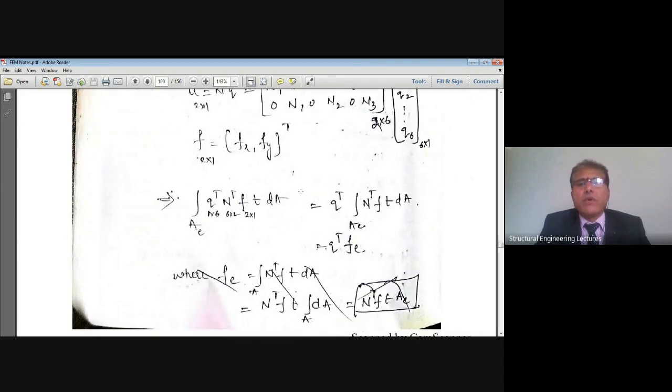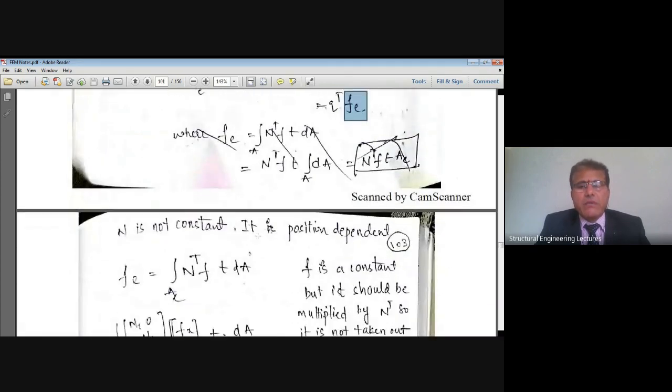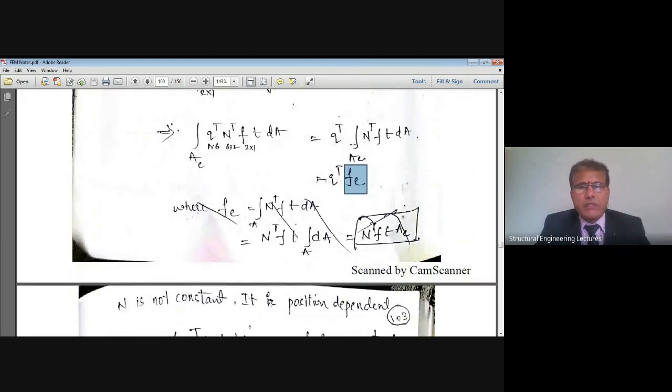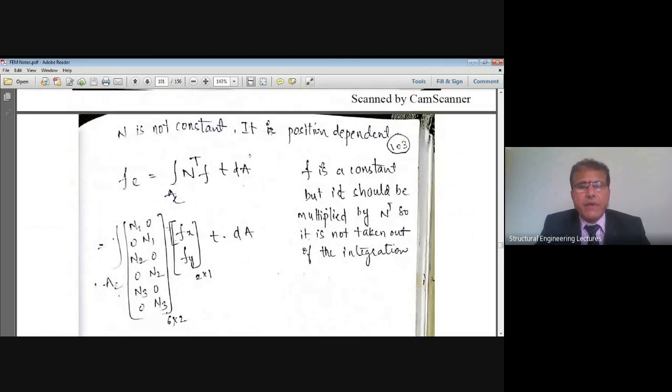Here Q transpose can be taken out of the integration because it is a constant, so this is nothing but Q transpose multiplied by a vector. That vector is the element body force vector notated by Fe, which is the integration over the element area Ae of N transpose F t dA. But you have to know what N is. N is N1 0 N2 0 N3 0, 0 N1 0 N2 0 N3.